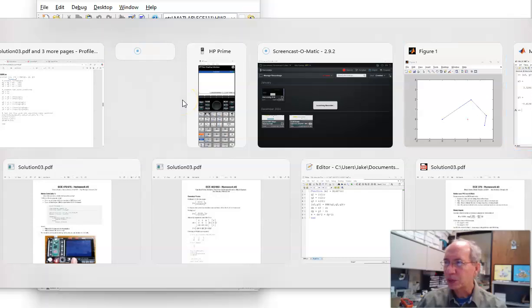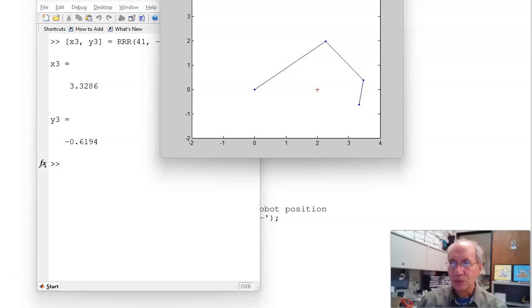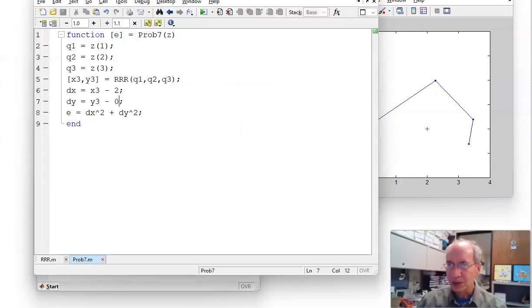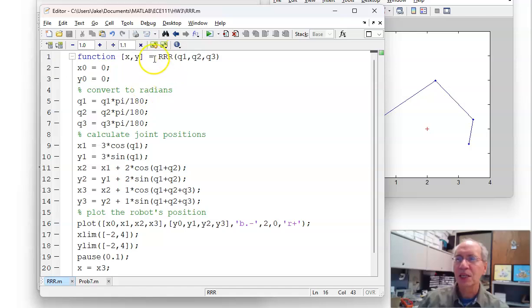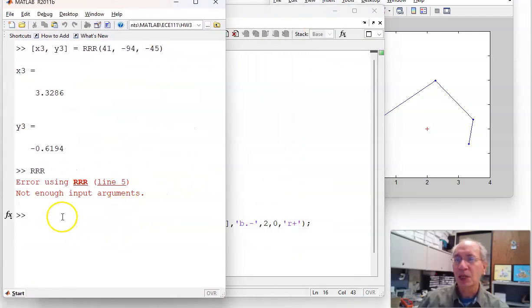Go into Matlab. I've got my function somewhere. There it is. This has to be saved as RRR. The name of the function should be the name of the file, rrr.m. If I try to run it, I get an error message. You cannot run functions, but I can call them.